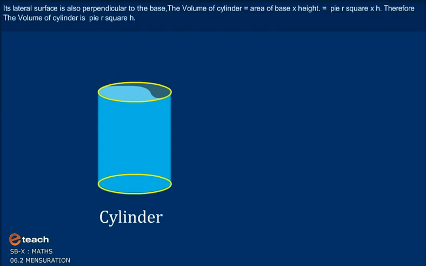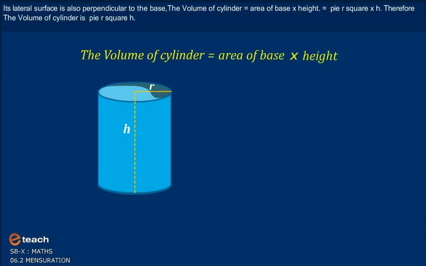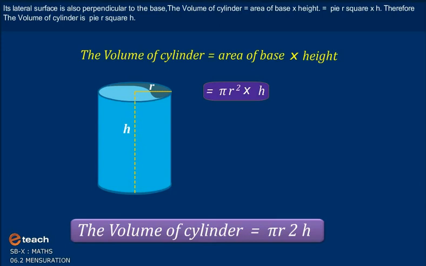Its lateral surface is also perpendicular to the base. The volume of a cylinder is equal to the area of the base into height, that is, pi r square into height. Therefore, the volume of a cylinder is pi r square h.